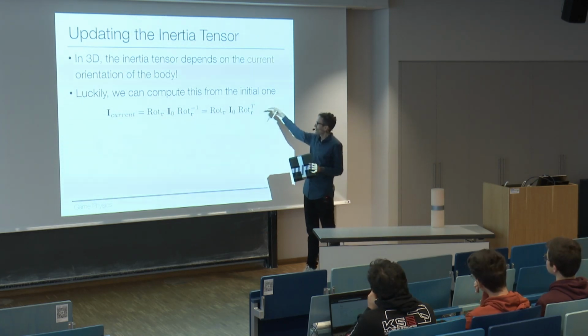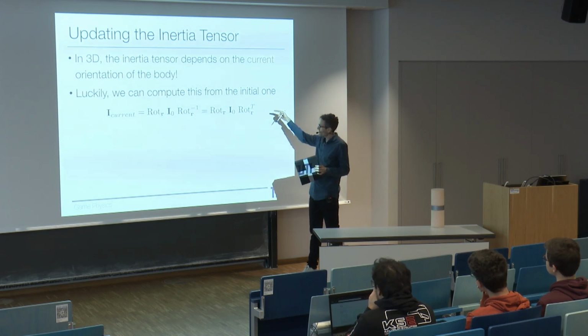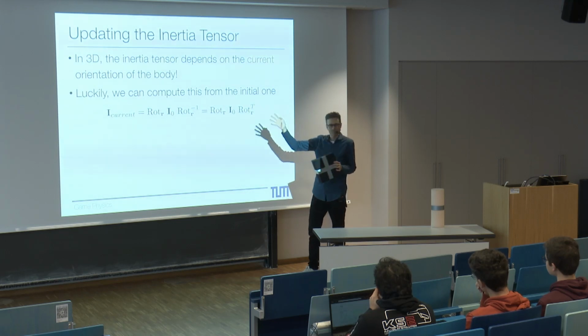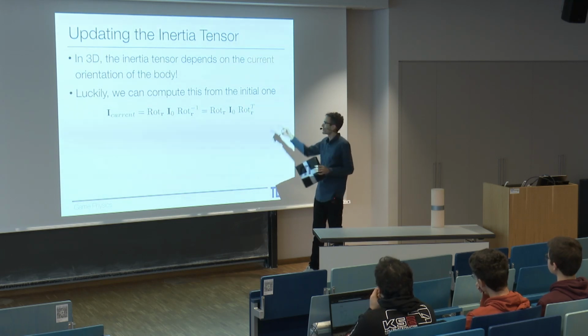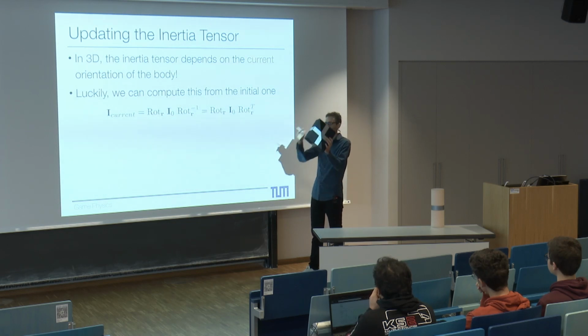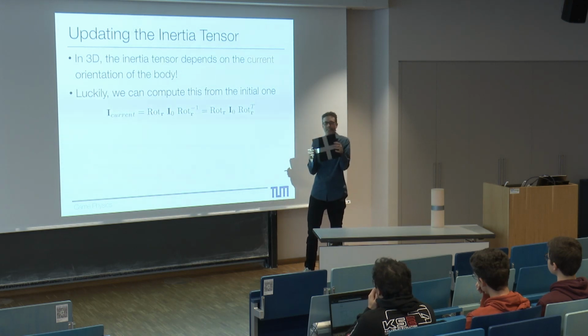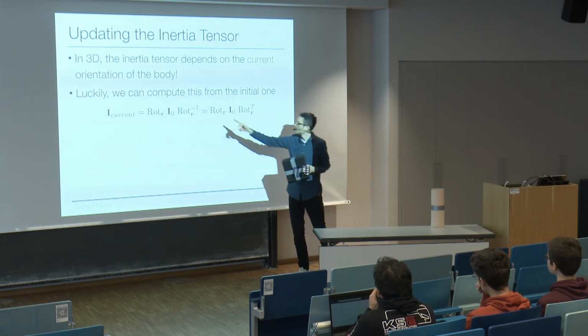So if we imagine we have a quantity from the right side here being applied, that should be rescaled by the inertia tensor. You basically first undo the orientation, so you map your body back to its initial state, then apply the weighting by the inertia tensor, some mass weighting, and then you rotate back with this matrix.